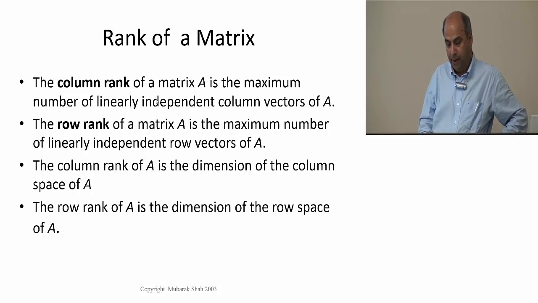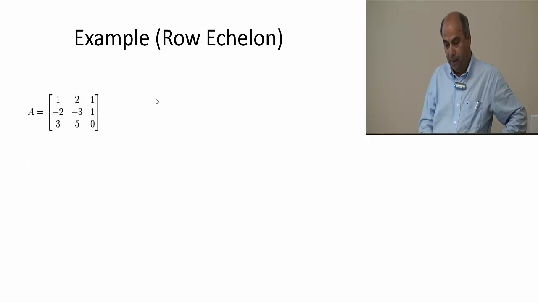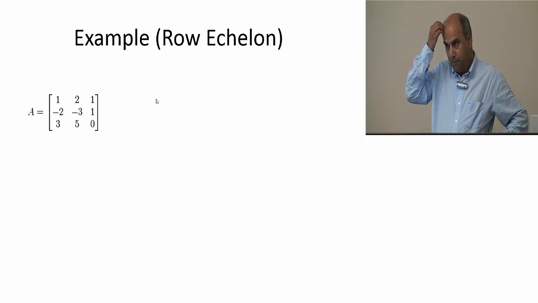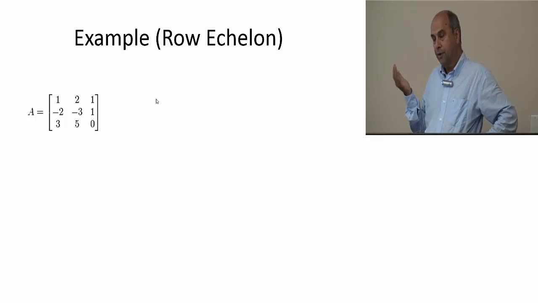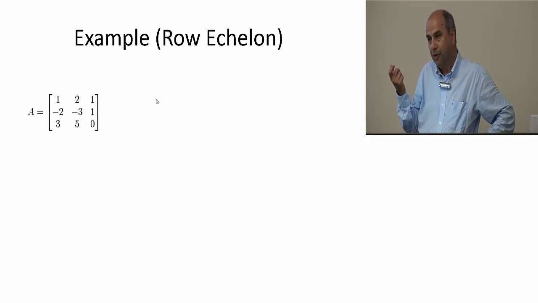So we have a column rank and a row rank. Let's look at a simple matrix. This is a 3 by 3 matrix, with 3 rows and 3 columns. So at most it can have 3 linearly independent columns or 3 linearly independent rows. But let's find out how many there are.